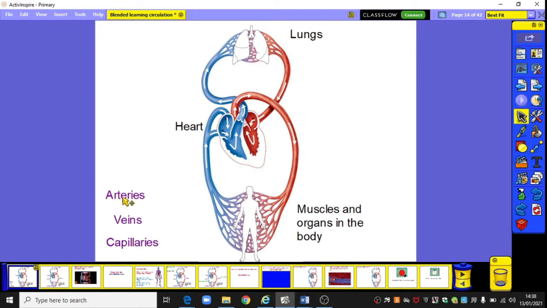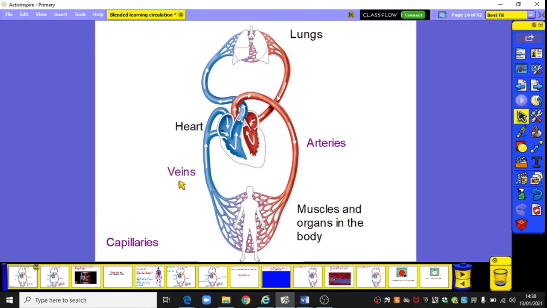Okay, so you will have remembered, hopefully, that the arteries take blood away from the heart. So I put my arteries labelled here on my diagram because the blood at this point is moving away from the heart. The veins carry the blood back to the heart, the deoxygenated blood, which we'll talk about a little bit later.